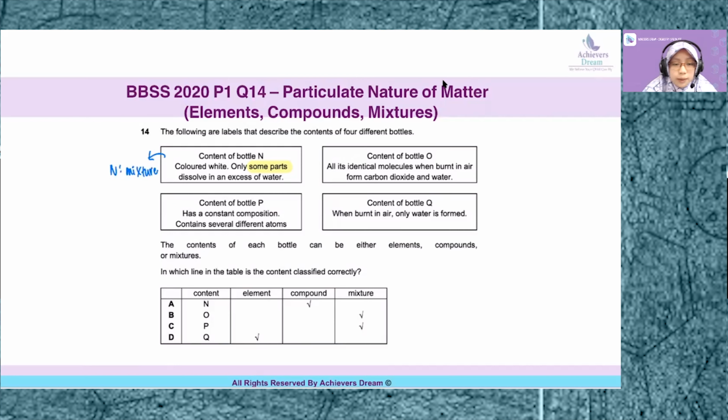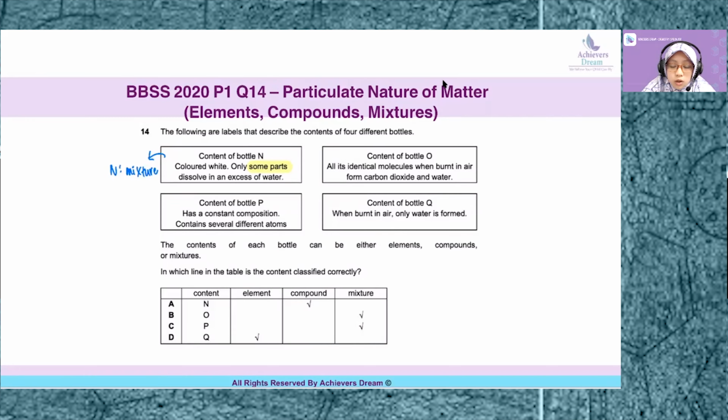Some of it can dissolve in water, the rest will not, hence they are different substances, right?